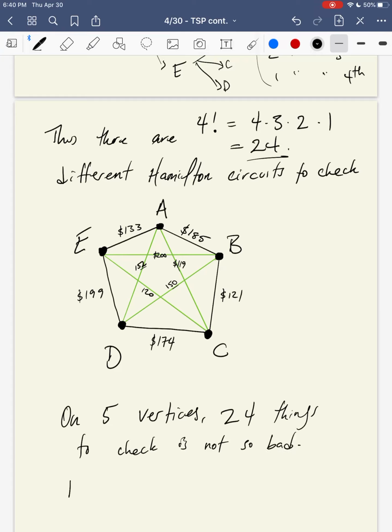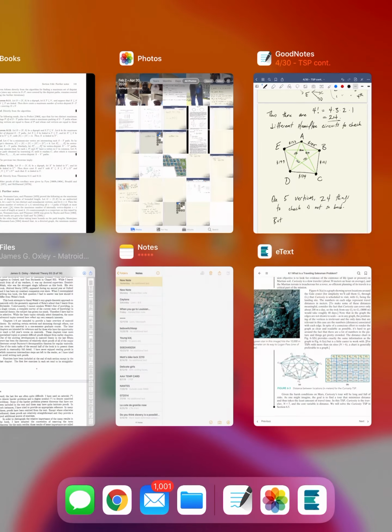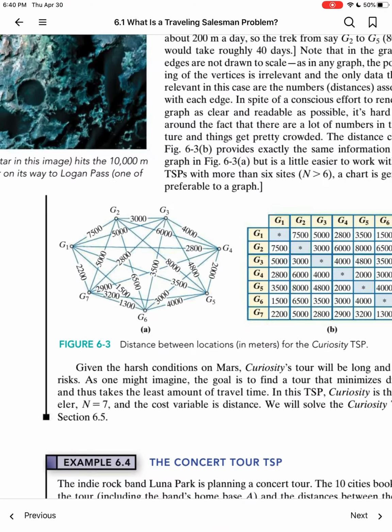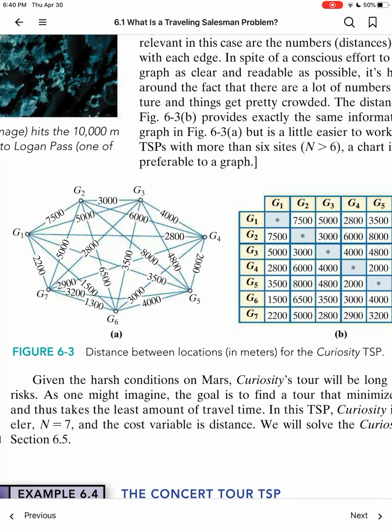But already in this other example, we had 1, 2, 3, 4, 5, 6, 7 different vertices.